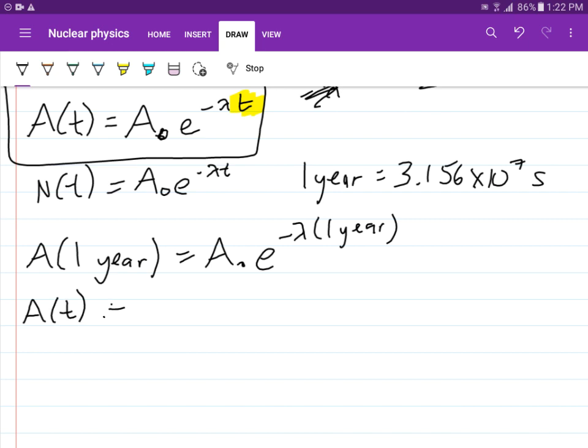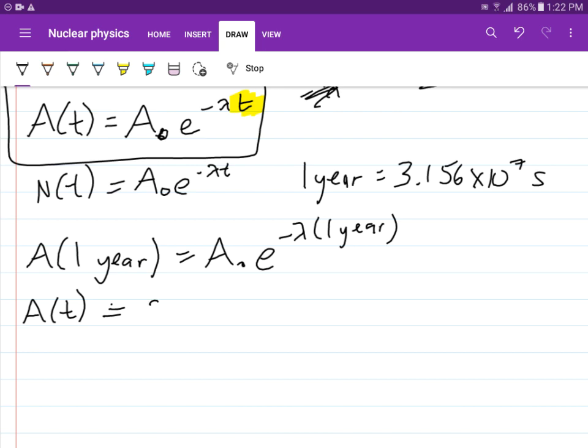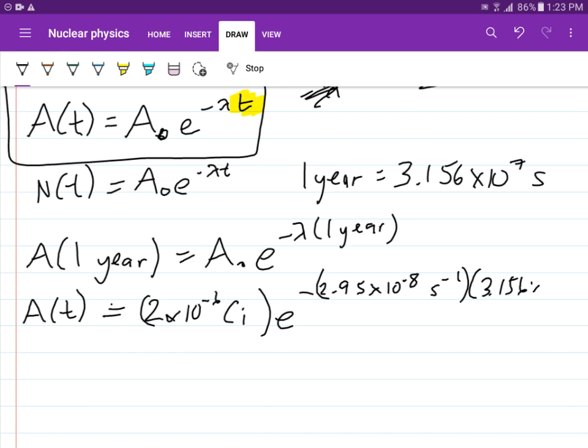A naught is the initial activity, which is given in the problem, 2 microcuries, so 2 times 10 to the minus 6 curies, times e raised to minus the decay constant 2.95 times 10 to the minus 8 times 1 year, 3.156 times 10 to the 7 seconds.